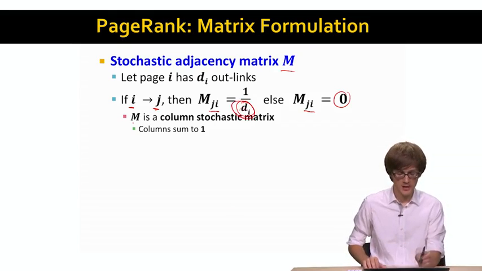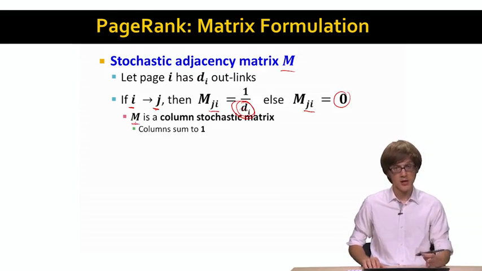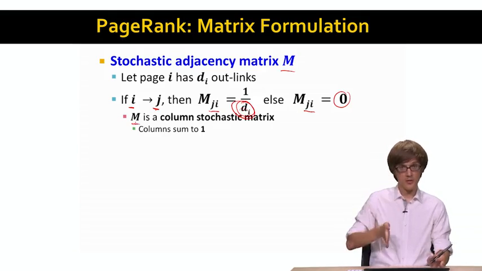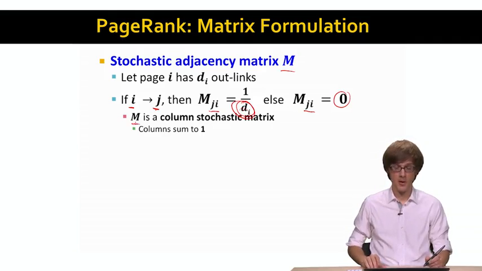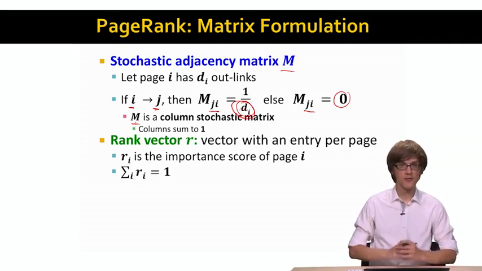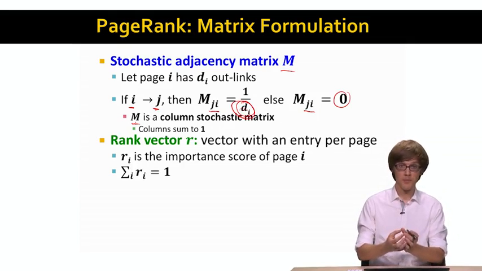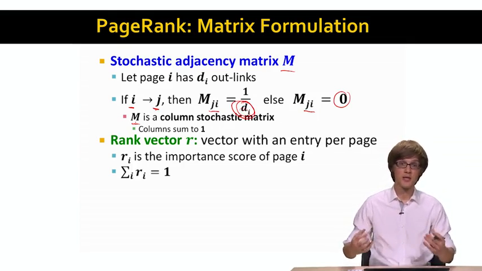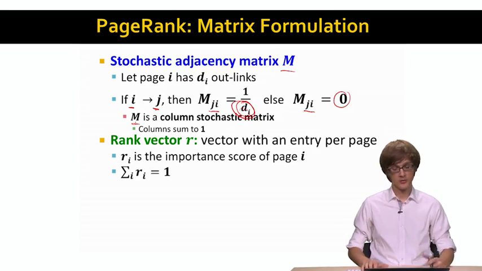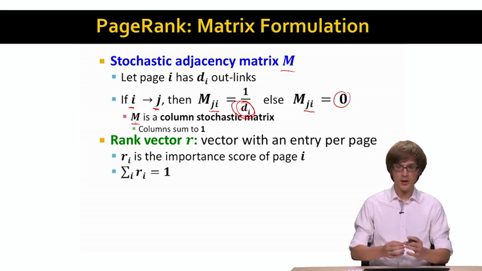So this means that our matrix is called column stochastic. This means that every column in our matrix sums to 1. Okay? So now that we have the whole graph represented as a matrix, we can also take all the PageRank scores of nodes and represent that as a vector. The way we do this is that we have one entry in our vector per page.